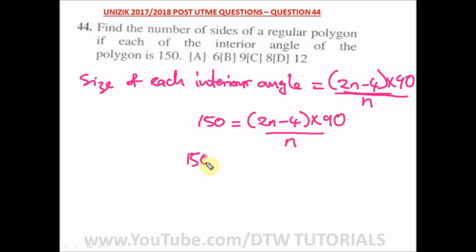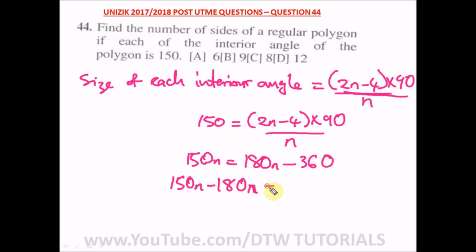So we have 150n equal to, let us open up this bracket, 90 times 2n will give us 180n, and 90 times 4 will give us minus what? 360.